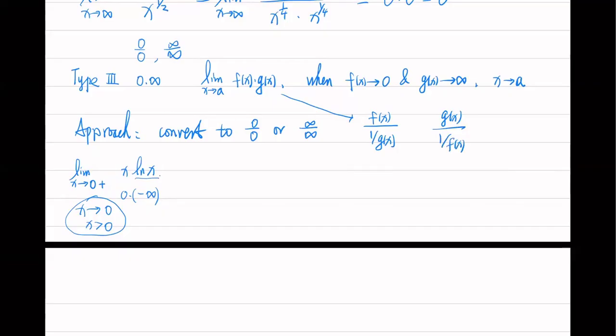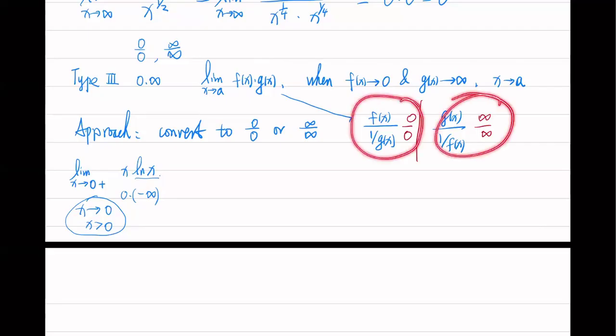So for this one, 0 over 0. This one, infinity over infinity. Which one do you want to try first? 0 over 0 or infinity over infinity?